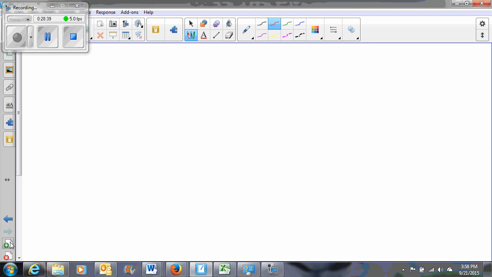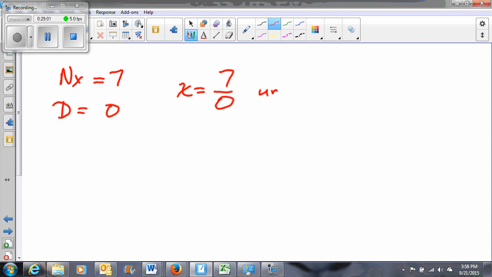Now, if we get a system where n sub x is, say, 7, and the coefficient matrix D is equal to 0, then Cramer's rule is saying that x is equal to 7 over 0. Now, 7 divided by 0 is undefined. Mathematically, there is no number that is 7 divided by 0.